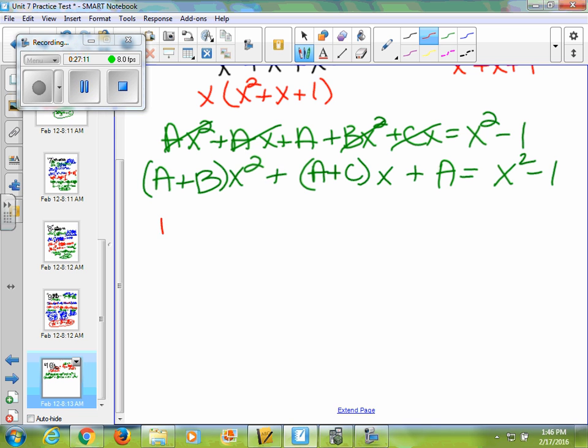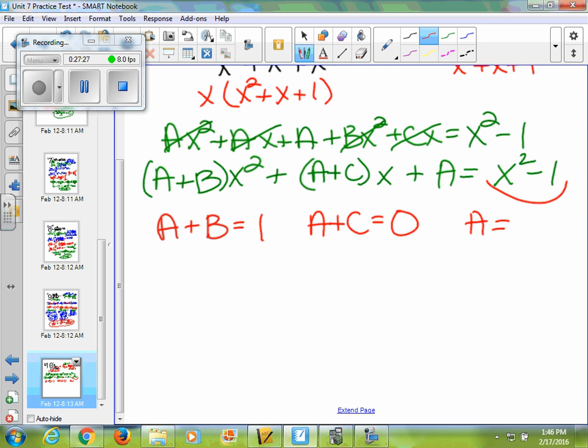So how many x squared terms do I have in my numerator? 1. How many x terms do I have in my numerator? 0. And what is my constant a equal to? -1. Okay, so a is already solved for us, so we can work backwards to solve the other two. So I plug in -1 into a plus c equals 0.